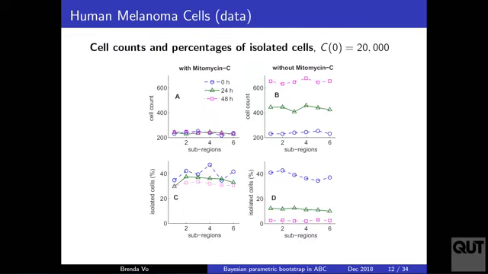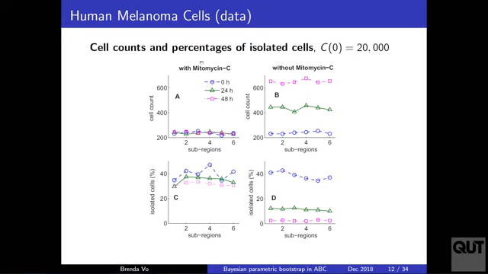So here are the graphical summaries of the data. You see the top panel here, the cell count for 6 subregions, and the bottom panels are the proportions of the isolated cells.